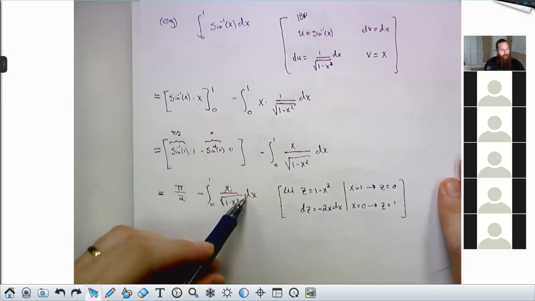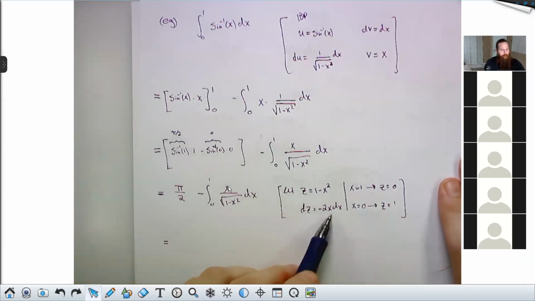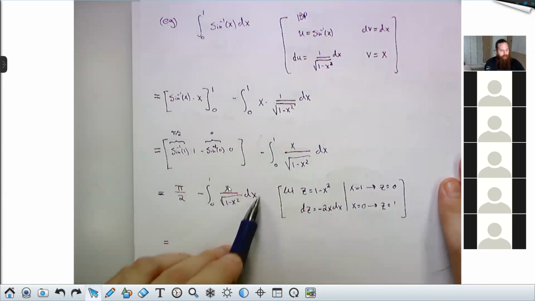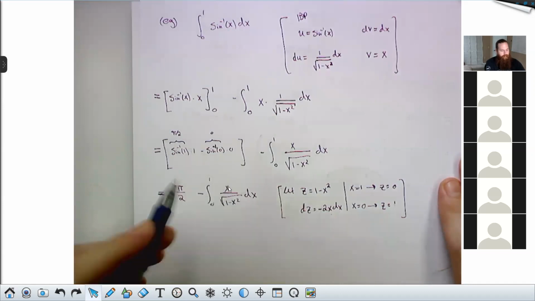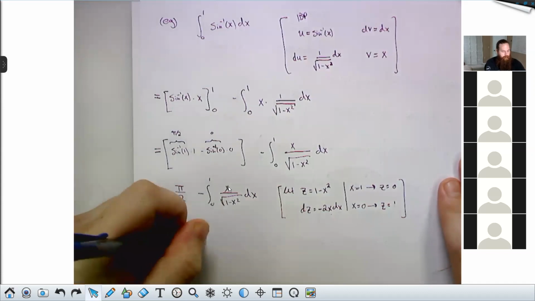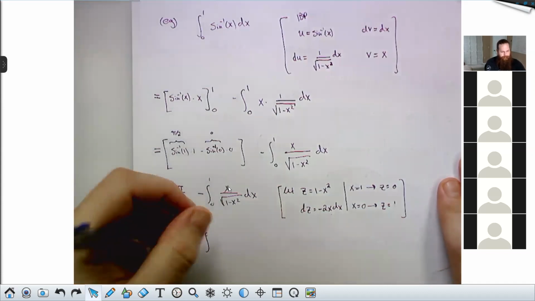What do I have in here for my differential? Well, this is negative 2x dx. I have x dx right here. So this piece is negative 1/2 dz. I'll write it out. This is pi over 2 minus the integral.